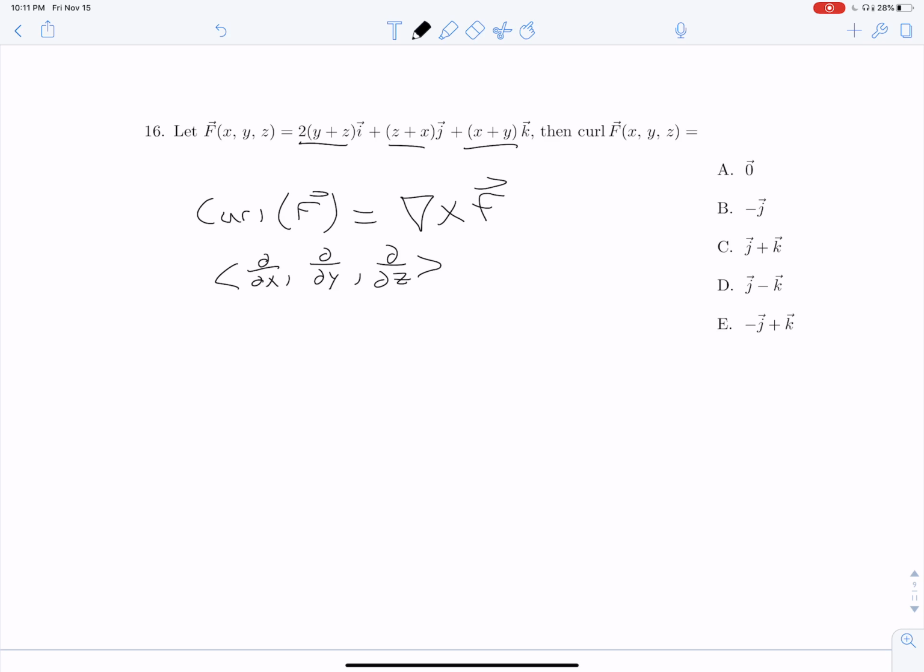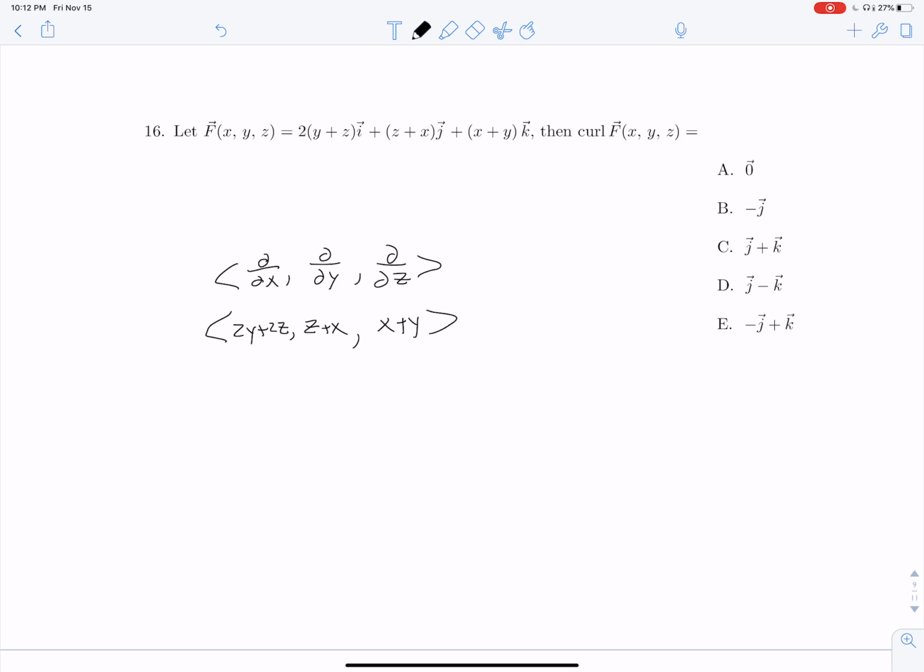And we are crossing this, I'm bad with space management, we're crossing this with 2y plus 2z, z plus x, and x plus y.